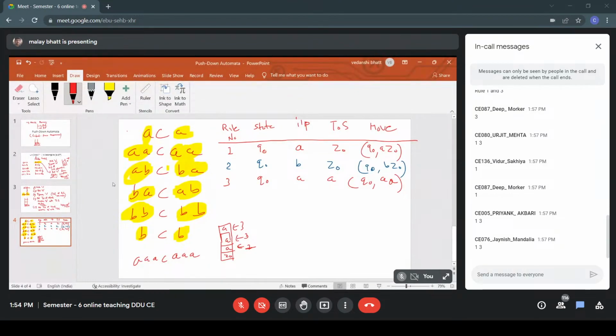So now, if the string is different, let us change the string to ABCBA. So now can you tell which rule is applicable?